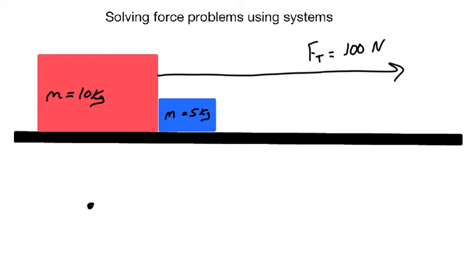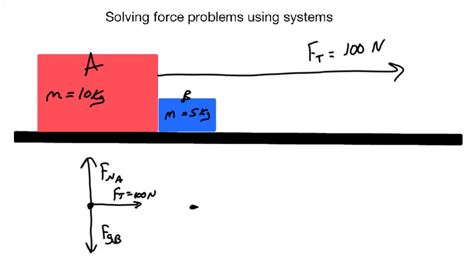And if I did that, my red box would have an upward normal force, call that A, this one A and this one B. It'd have a downward gravitational force. We've got this forward force, which is 100 newtons.